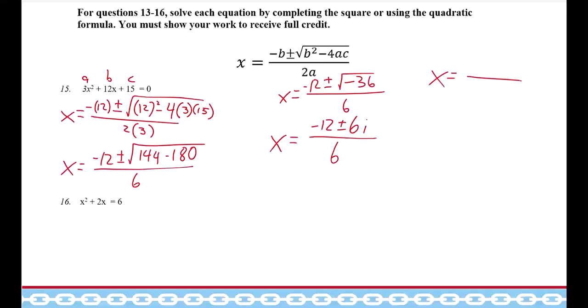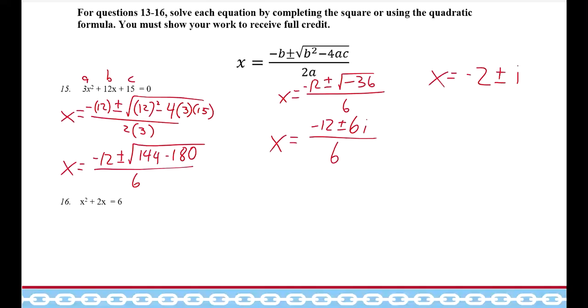One last simplifying, because we can divide both terms up top by the denominator of 6. So I get negative 2 plus or minus i, right? Because negative 12 divided by 6 is negative 2. Plus or minus 6i divided by 6 is plus or minus i.